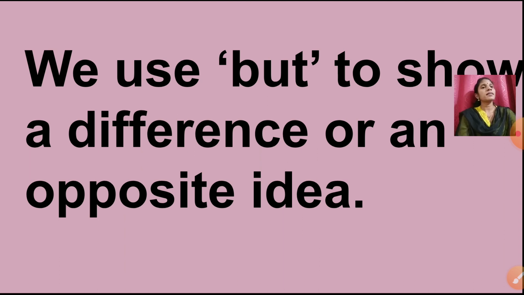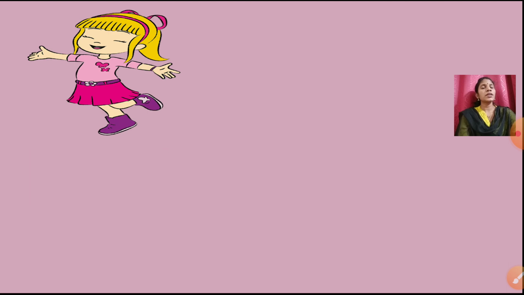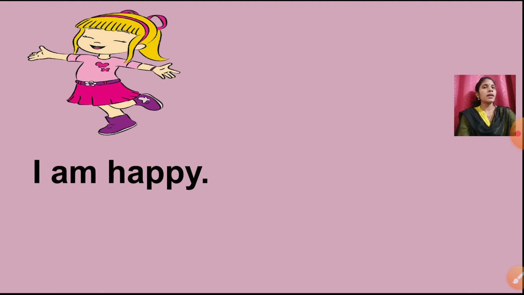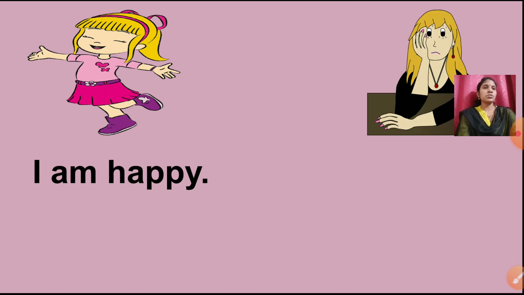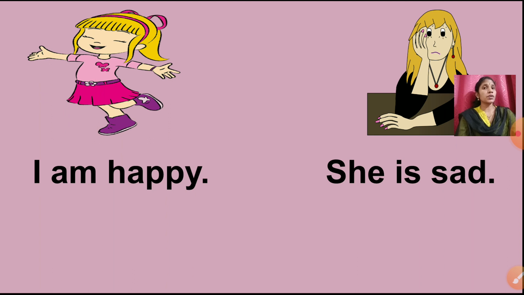Now let us see with an example. Here you can see, I am happy. Here you can see, she is sad. Now here we are talking about two different persons.